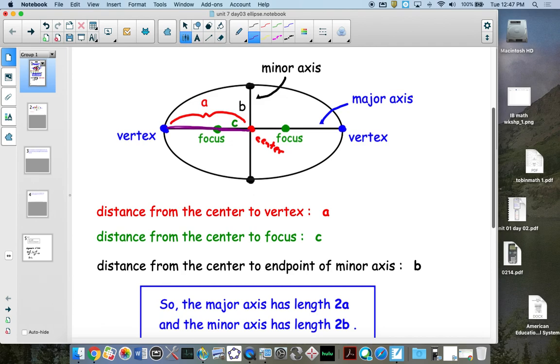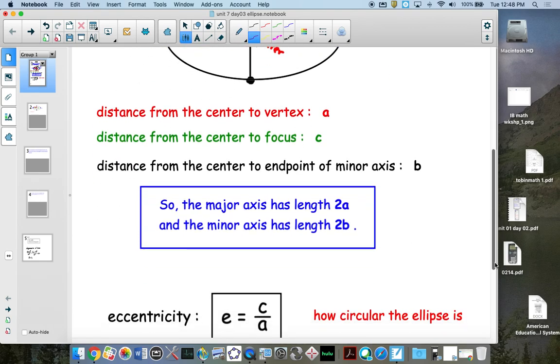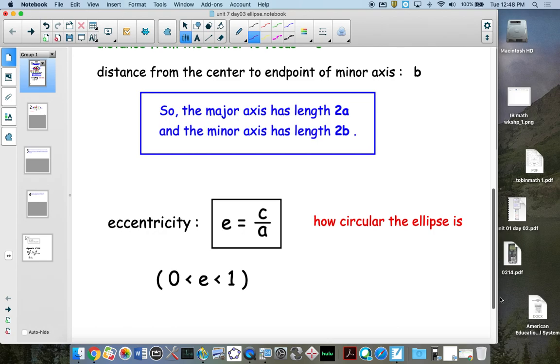If C is close to the vertex, then C is almost as big as A. But if C is close to the center, then A is a lot bigger than C. So in any event, for this fraction, when we do C over A, since C is always smaller, eccentricity is always going to be a number between 0 and 1. It'll never equal 1, it'll never equal 0.